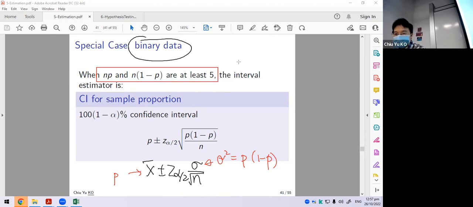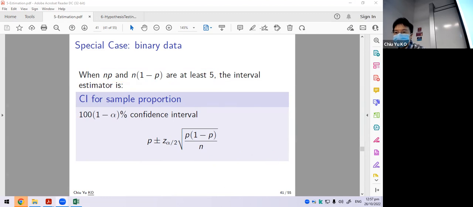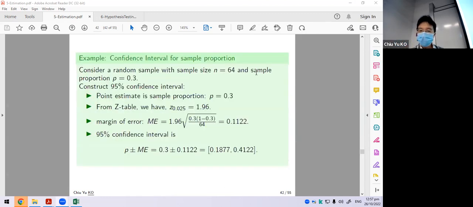To demonstrate, it's good to look at an example again. I have a sample of size n, and p is 0.3. This is our point estimate.